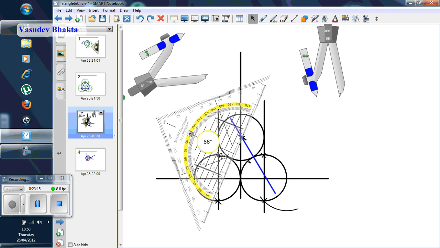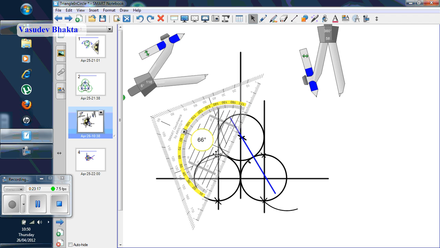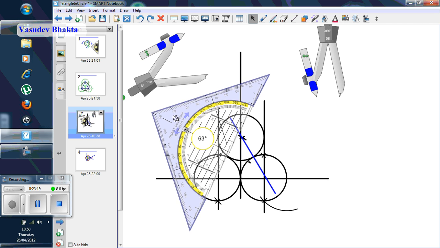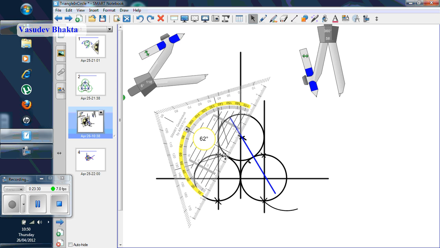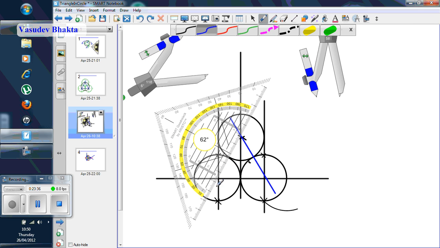Rotate it around. It's taking quite a bit of time. There we go. Final line. Slightly extend that line.